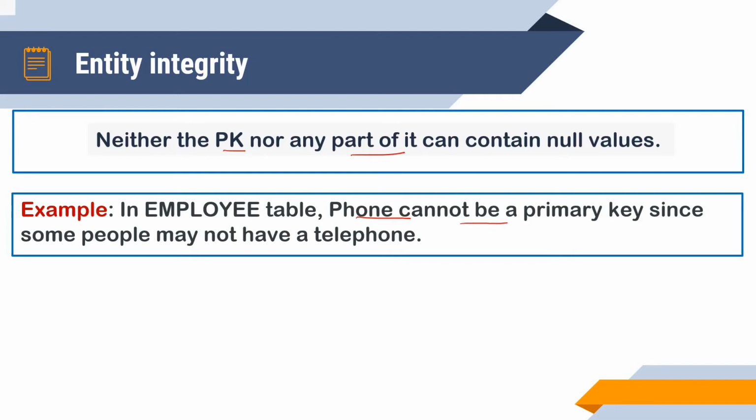If that person doesn't have a mobile number or phone number, definitely I have to give null values, and null values are not allowed for a primary key. That's why you should not choose phone number as the primary key.